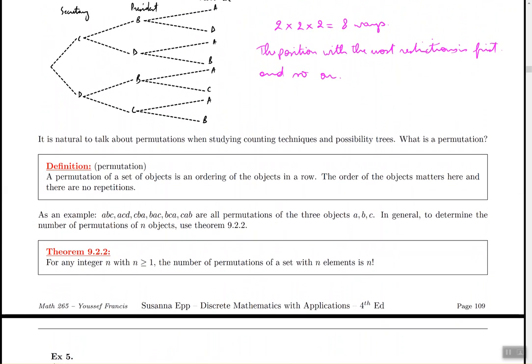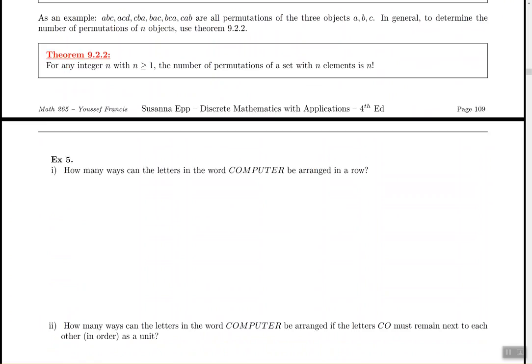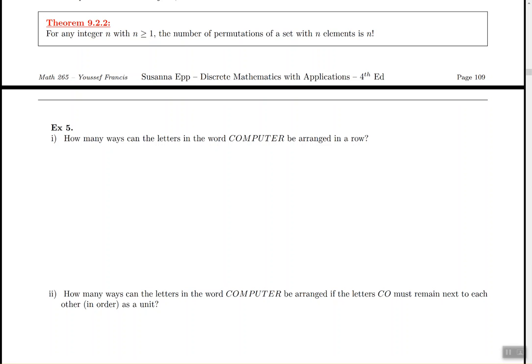That's pretty much straightforward. Let's go ahead and practice an example. It says, how many ways can the letters in the word computer be arranged in a row? What I want to point out before we start is that later on we're going to learn about combinations. On a test, how do you know that you're dealing with a permutation or a combination? They're both very similar mathematically speaking. The difference between the two is, in the world of combinations, you can have repeats.